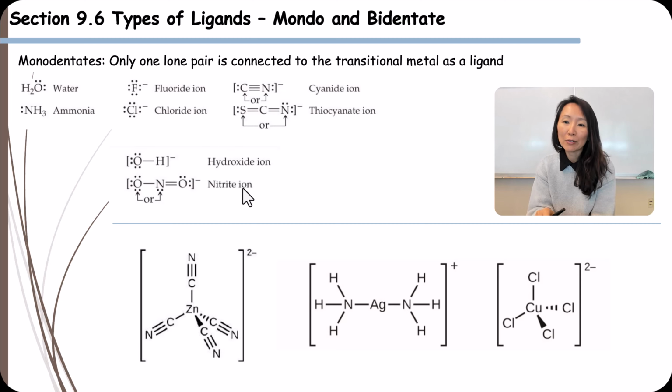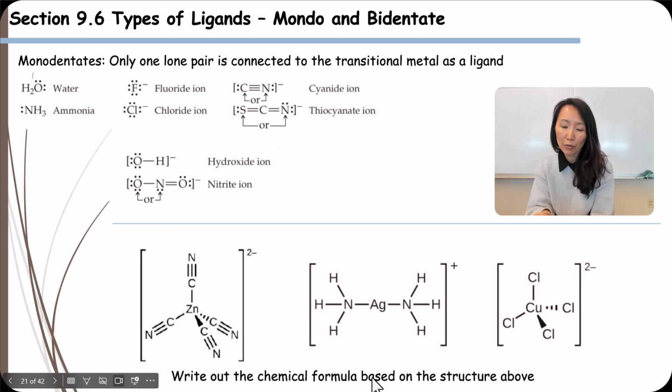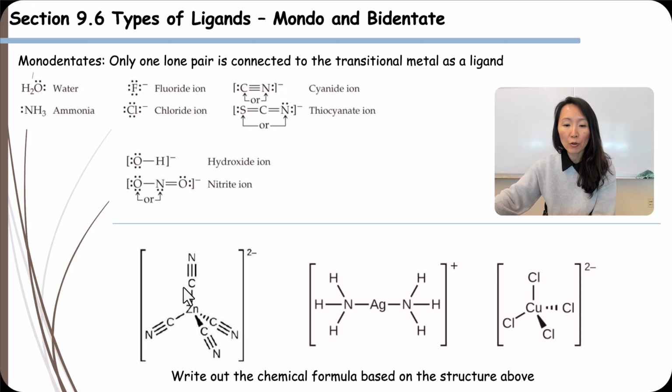Now, before I go into the next type of ligand, I'd like to do a little review, and that's writing the chemical formula based on the structure above. So here are some structures, and let's go ahead and write out the chemical formula. We have our bracket here. First we write the transition metal, which is our zinc.